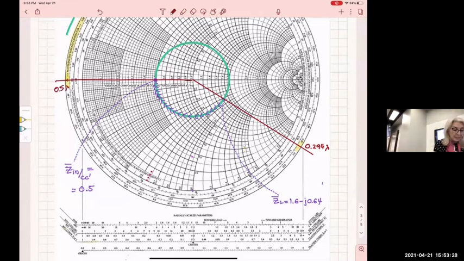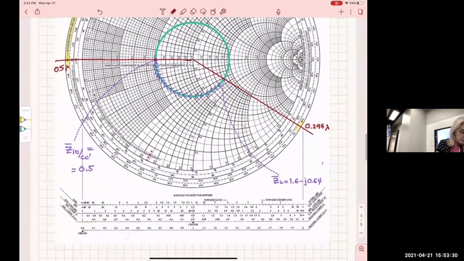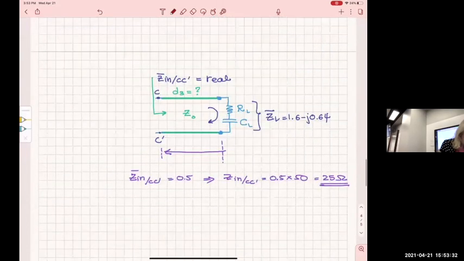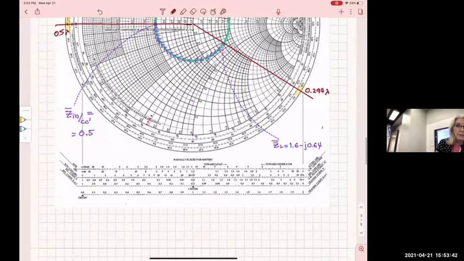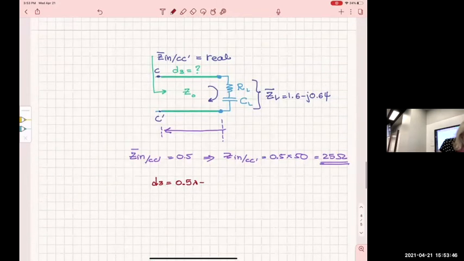So how much is the distance between the 2 points? That tells me that D3 will be 0.5 lambda minus where I started. It's where I stop minus where I started, which is 0.294 lambda.